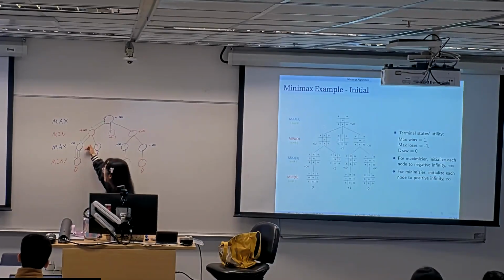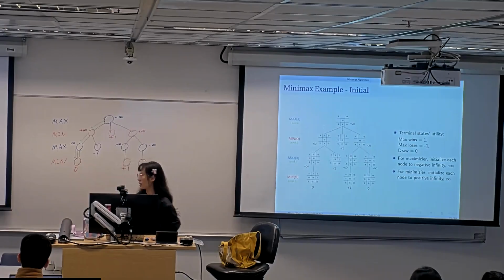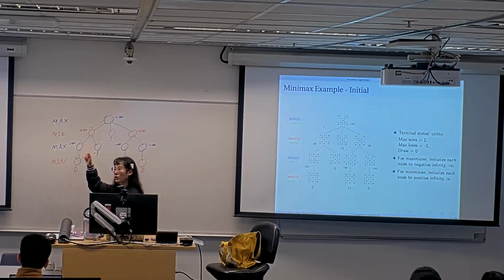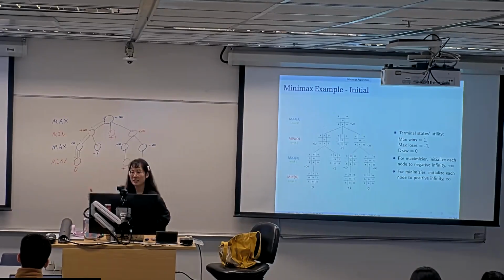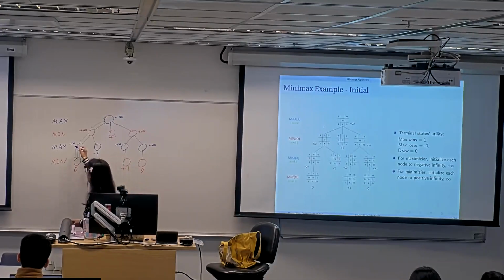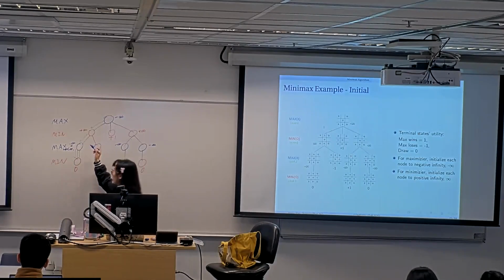Now this max node receives the value from its child. It receives a value 0, and this is a max node, right? The max node will always want to select some higher value. So it starts to do the updating from the -infinity to select the max between the old value, -infinity, and the new value it receives from its child, which is 0, and will be updated to 0.